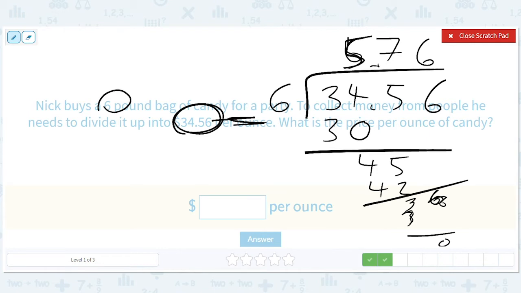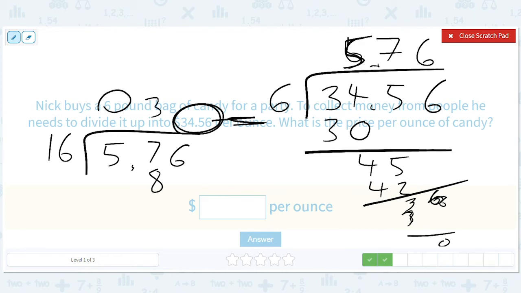And then we want to divide 576 by 16 because there's 16 ounces in a pound. So we'll take this and we'll do 3. This will be 48.